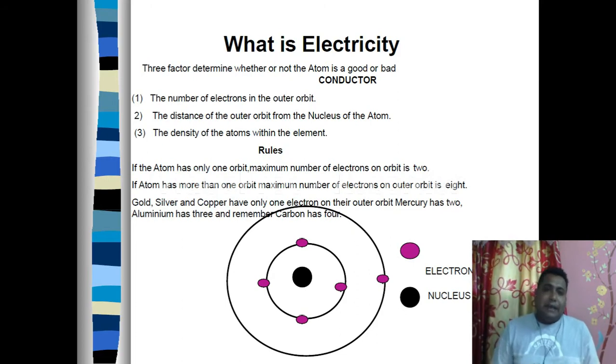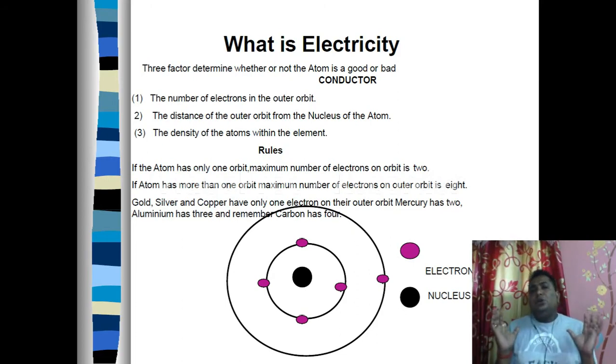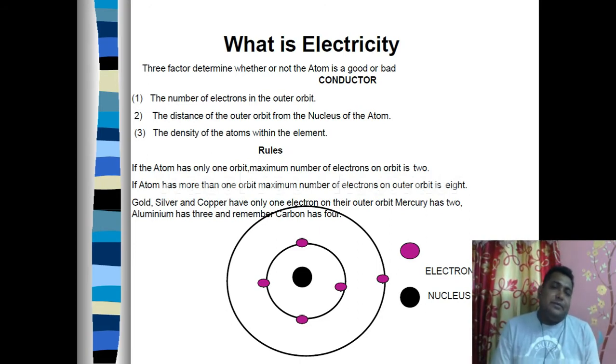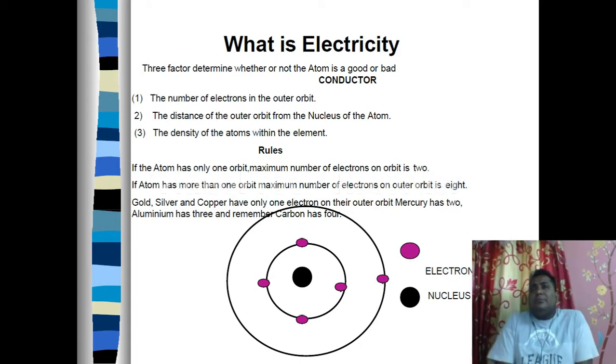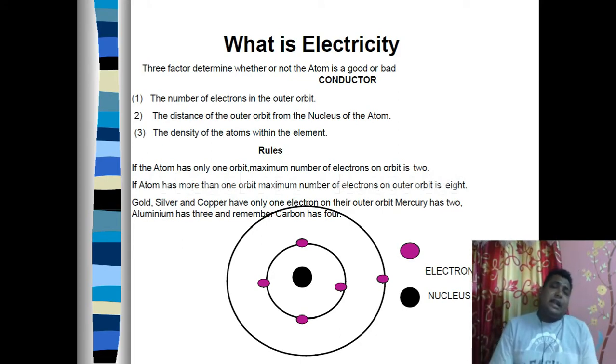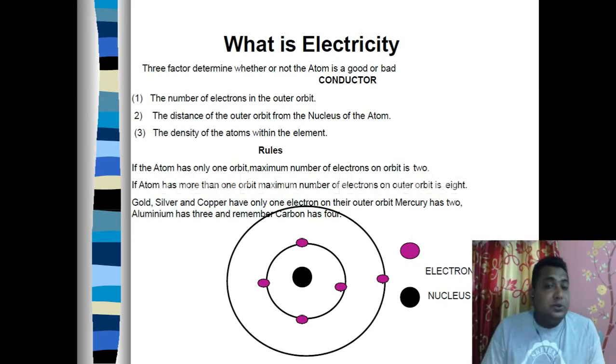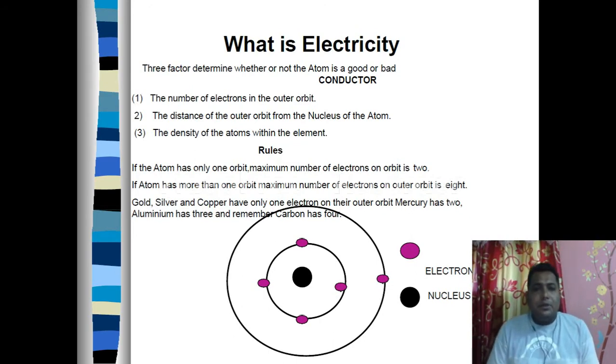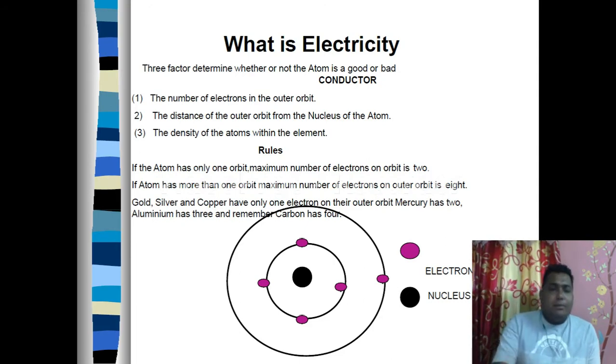Now if the element has a huge number of atoms, and each atom contains some free electrons, it will give us a high number of free electrons, so that means it is a good conductor. That is written over here. So coming to the next slide.